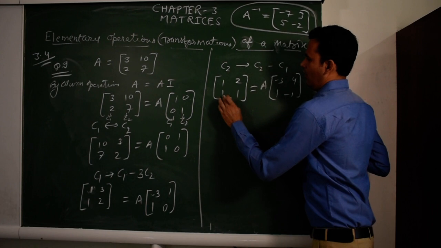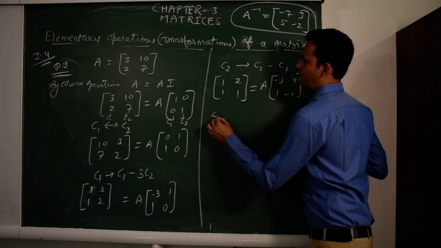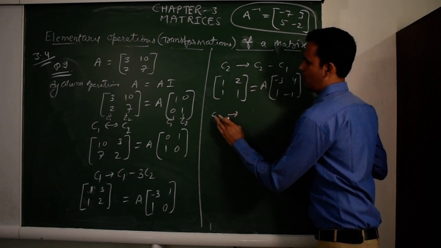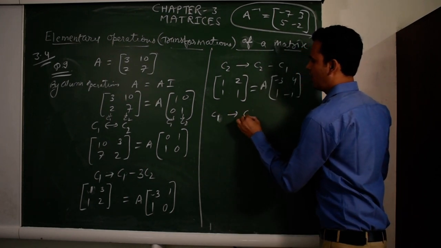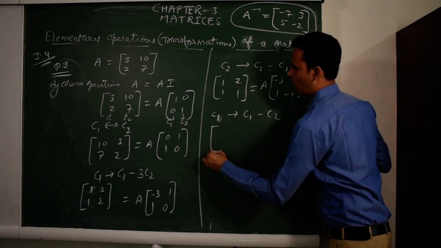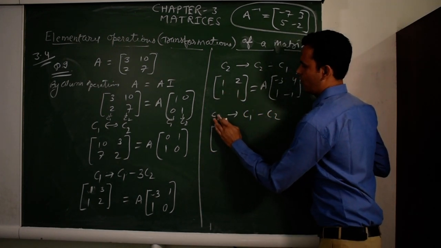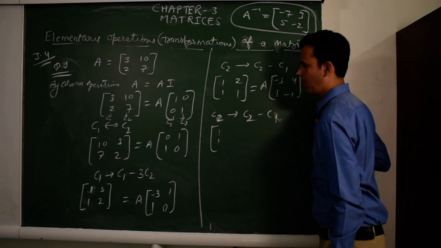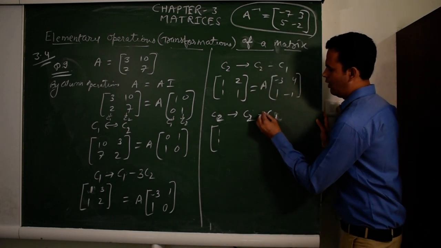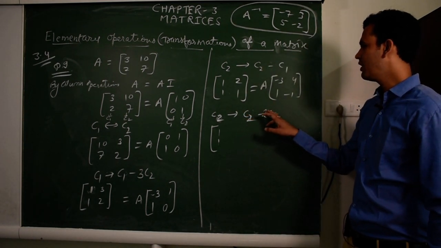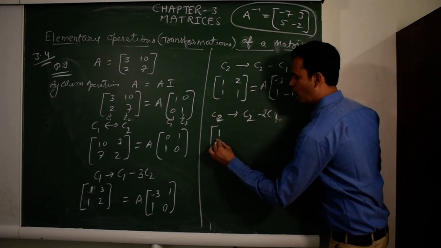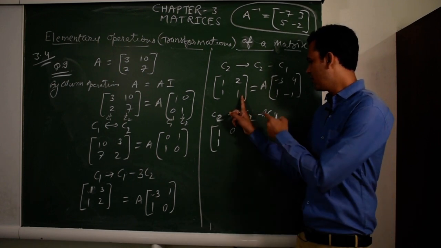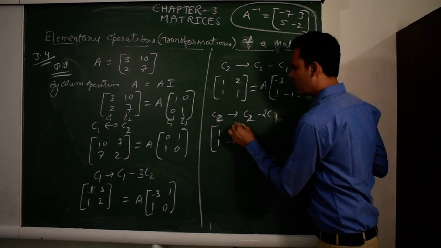Now again change in C2. No change in C1, C1 minus C2. So no change in C2, so C2 minus C1, 1 1, same. And if we change it as C2 minus 2C1, we get 1 1 here, and 2 minus 2 is 0, and here 1 minus 2 is minus 1.